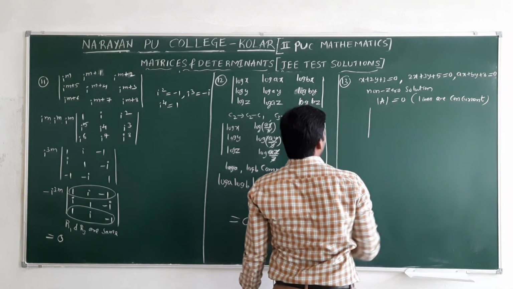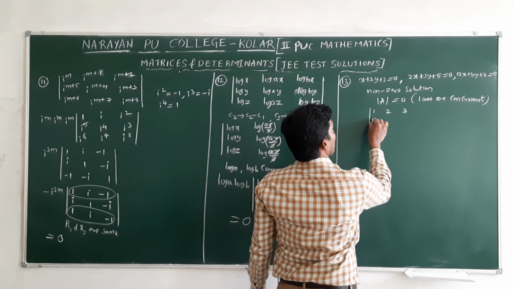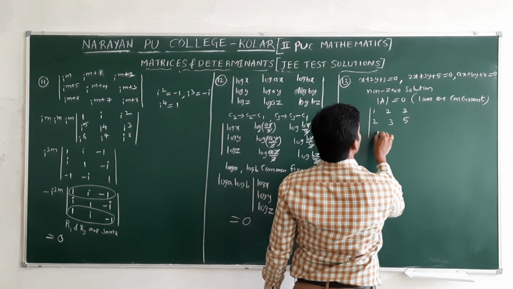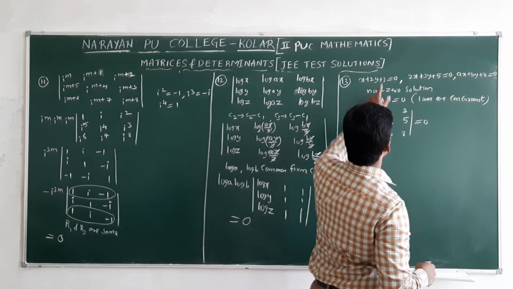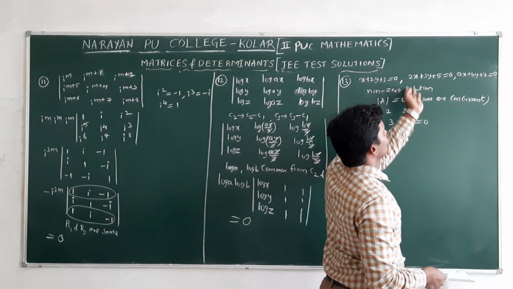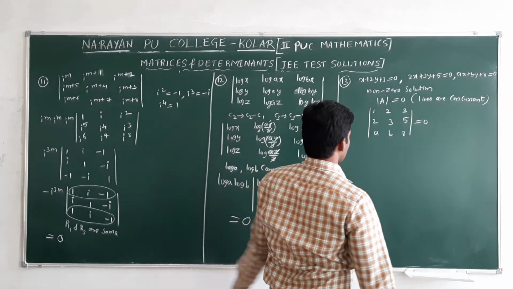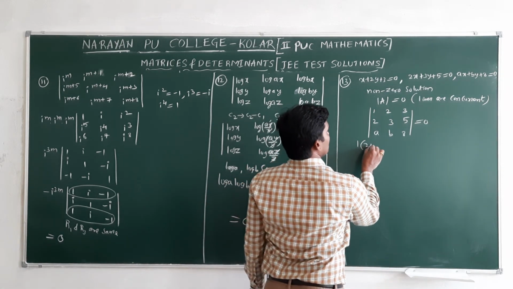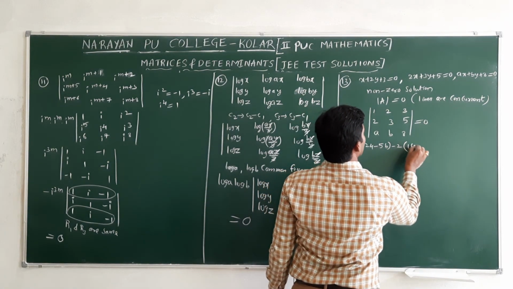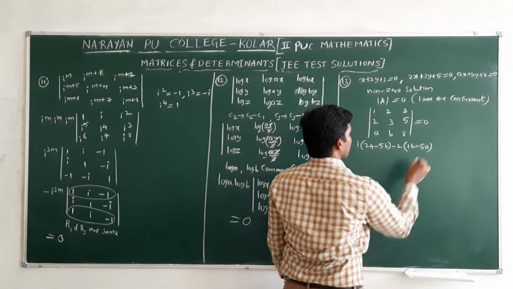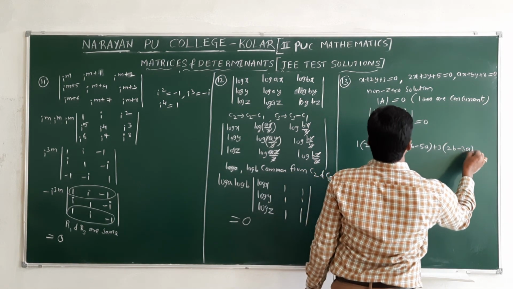Concurrent means how to find it: the determinant of x coefficient, y coefficient, constant: 1, 2, 3, 2, 3, 5, a, b, 8. Another method is to solve the first two equations, and substitute the x and y you get into the third equation. You will get the condition. They are asking for the value of a plus b. 1 into 24 minus 5b, minus 2 into 16 minus 5a, plus 3 into 2b minus 3a equal to 0.